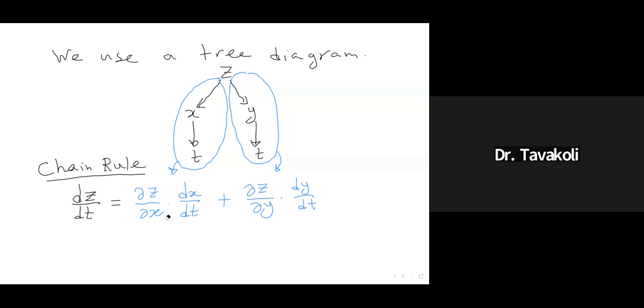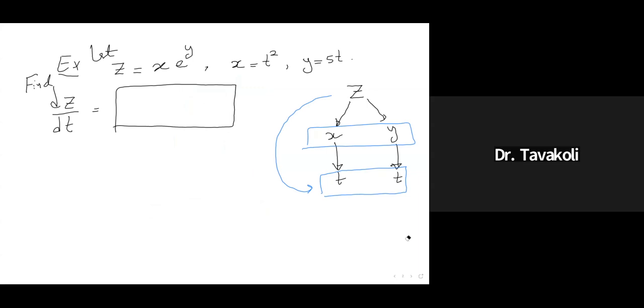So to find the derivative of z with respect to t, I should find the partial derivative of z with respect to x, multiplied by the derivative of x, and then add it to the partial derivative of z with respect to y multiplied by the derivative of y with respect to t. For the derivative of y with respect to t, it's not partial because y is a function of a single variable. So let me go to the previous slide and apply these to this example.